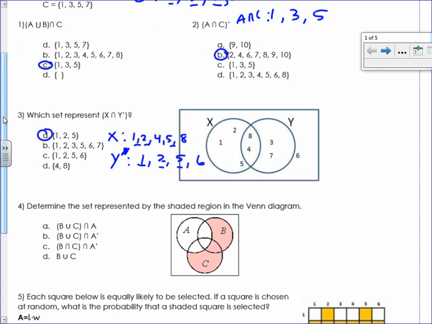And the other thing we're looking at is not Y. So I make a list of everything that's not in set Y. What's not in Y? 1, 2, 5, and 6. Now, what do those two sets have in common? 1, 2, and 5.